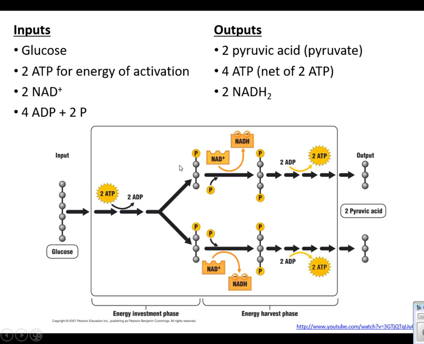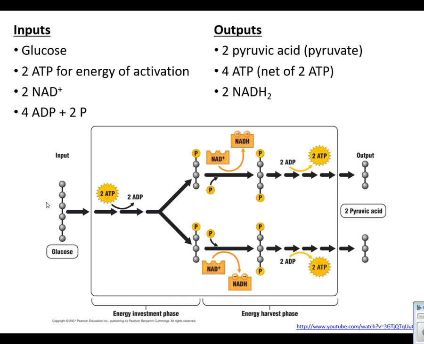If you remember back when we talked about phosphates, we learned that they had a lot of negativity to them because they're negatively charged. And what do we know about like charges? Like charges repel. So when we stick a phosphate on both ends of a glucose, it's like bending a stick.